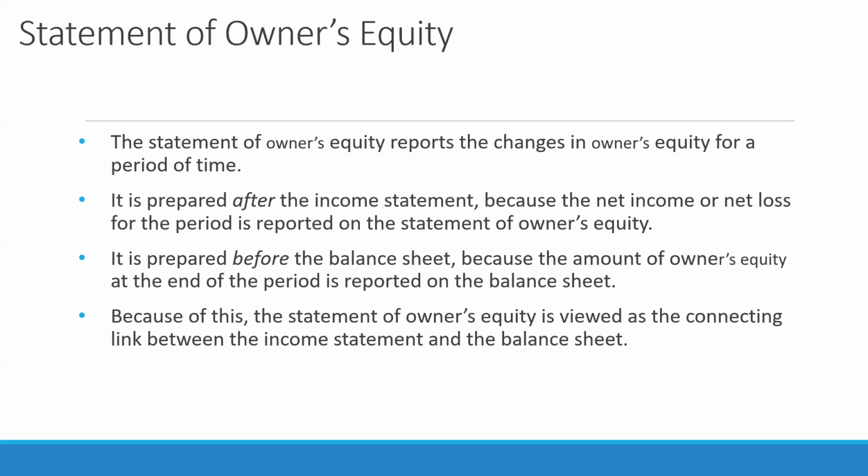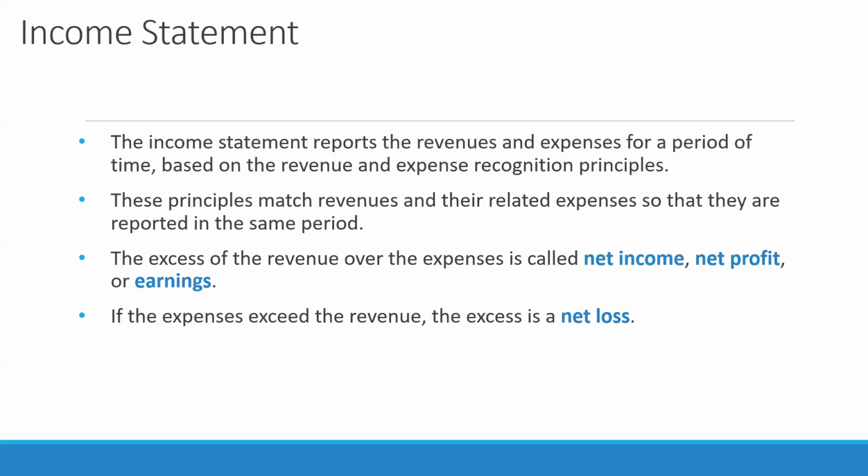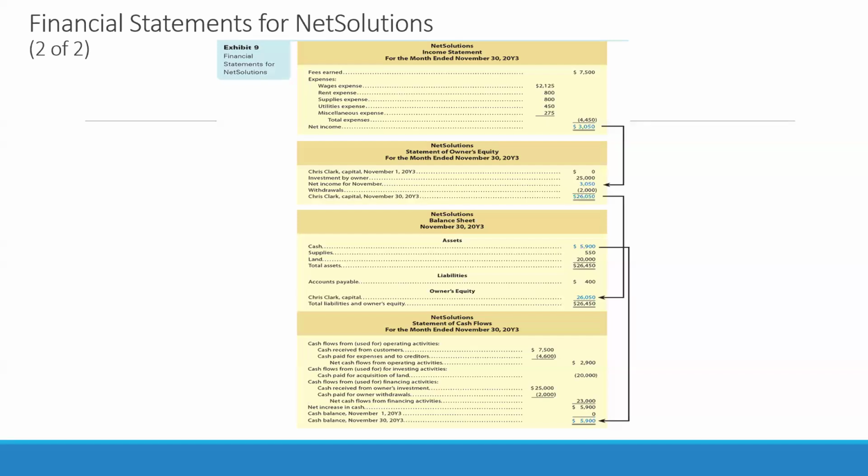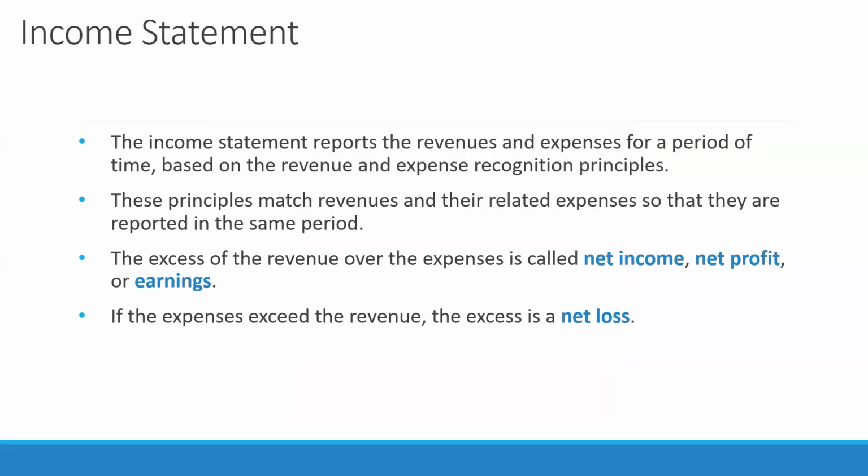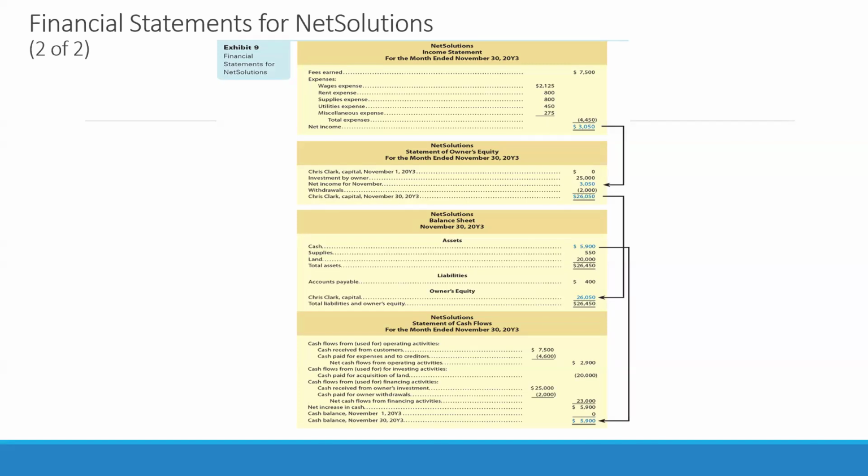You have to prepare it before the balance sheet. There's an order to how you prepare these financial statements, and this is the order that you prepare them in. At the end of the income statement, you have your net income. Your net income goes on the statement of equity, so you have to prepare the income statement to know your net income before you prepare the statement of equity.